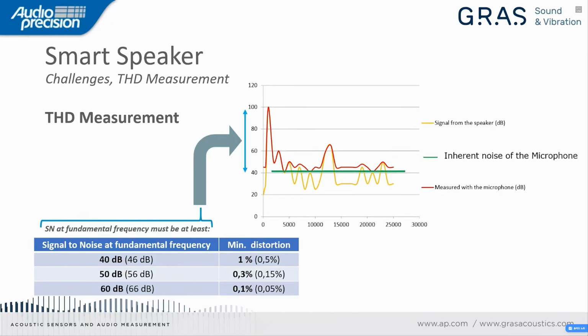To add an extra 6 dB signal to noise is a very good idea. So we recommend that you go for 46, 56, or 66. At least add 6 dB more to get a more accurate measurement.